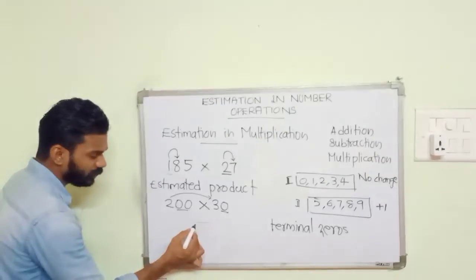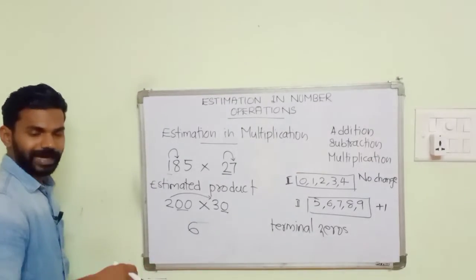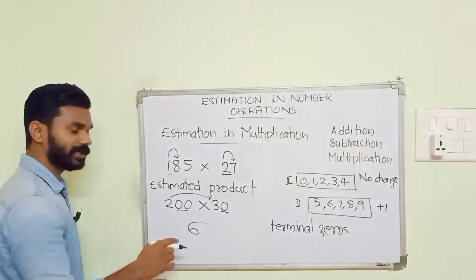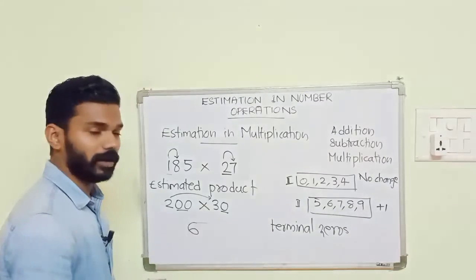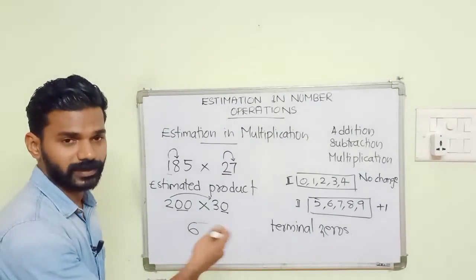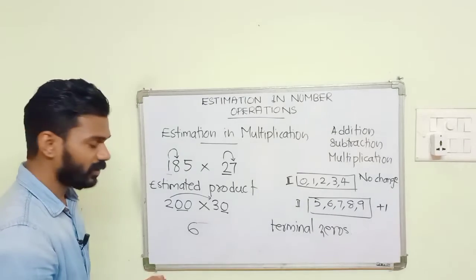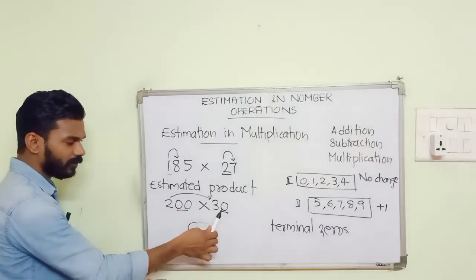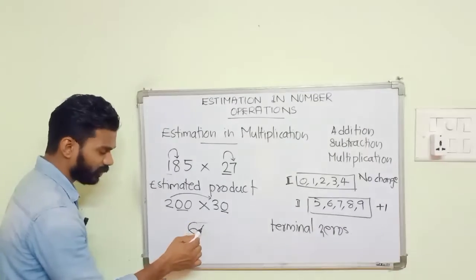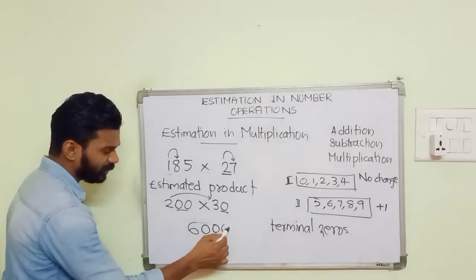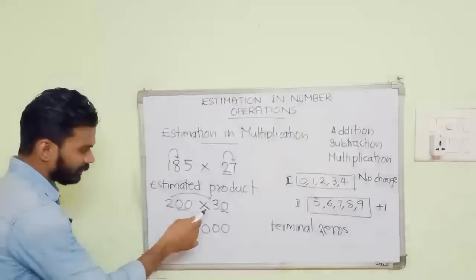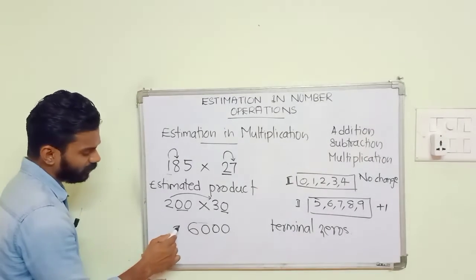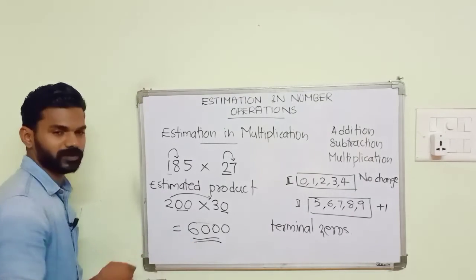What is 2 into 3? 6. After which you need to consider the number of terminal zeros there were. Here you can see 2 terminal zeros on the first number and 1 terminal zero on the second number give rise to 3 terminal zeros in total. So the answer for this product will be 6000.